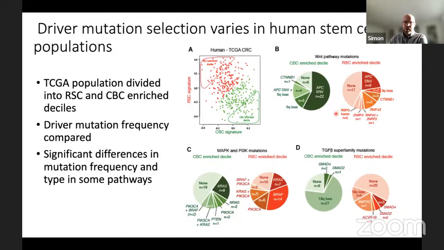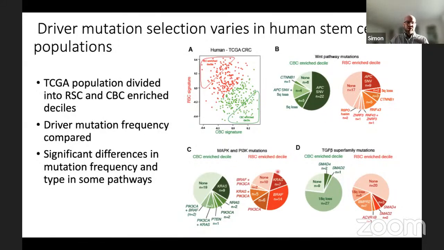Whereas what we saw in the regenerative stem cell enriched population was a range of other mutations. APC was relatively infrequent, and instead we saw ligand-dependent mutations like RNF43, some fusion mutations as well. So there was a difference in the mutation spectrum that affected the crypt-based columnar and the regenerative stem cell enriched populations.